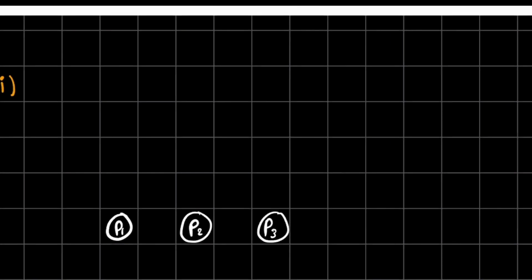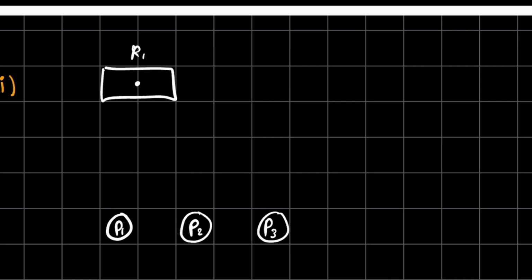In this case, I'm going to make 3 processes, so P1, P2, P3, and I'm going to have 2 resources. Let's go ahead and do resource 1. We can have 2 maybe, or simply 1.